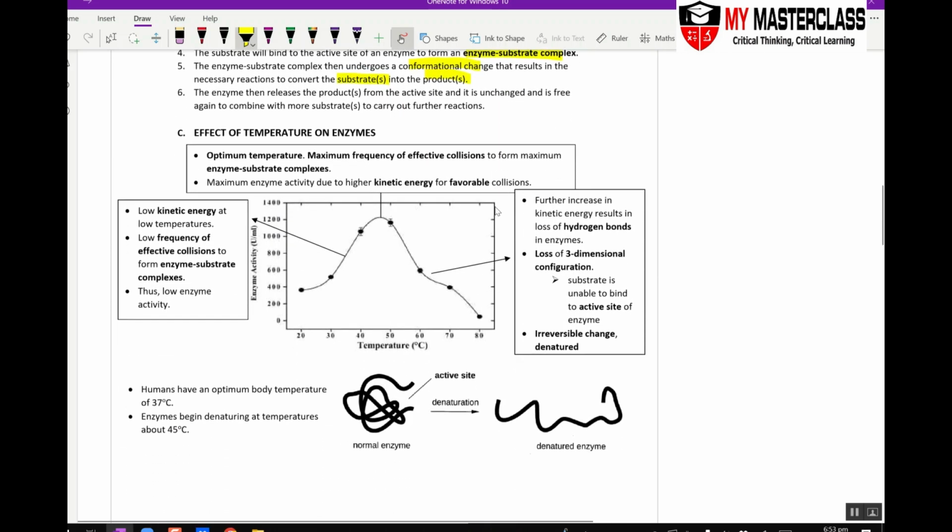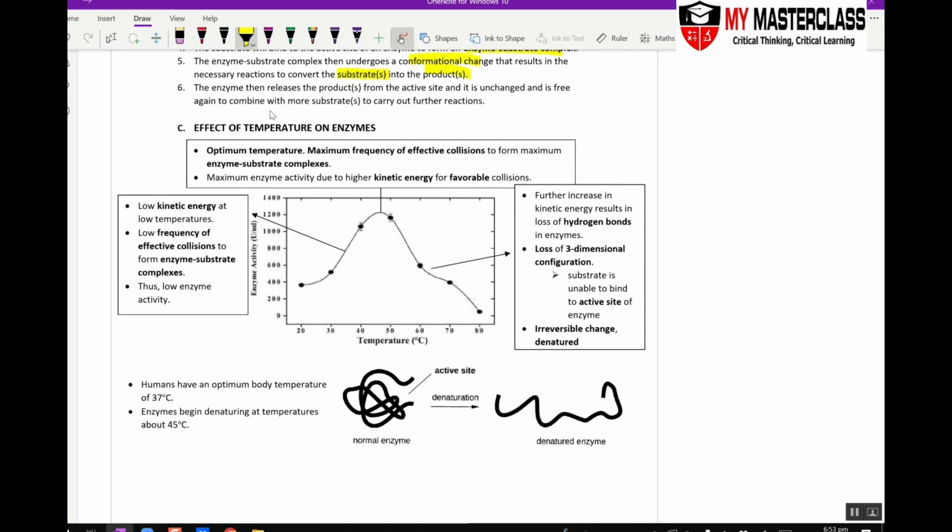So when we take a look at the effect of temperature and also the effect of heat on enzymes, this is similar to each other, synonymous. The other one is the effect of pH on enzymes. You will see that the answering technique is very vital. So your effect of temperature or effect of heat, how do you differentiate the graph compared to pH?